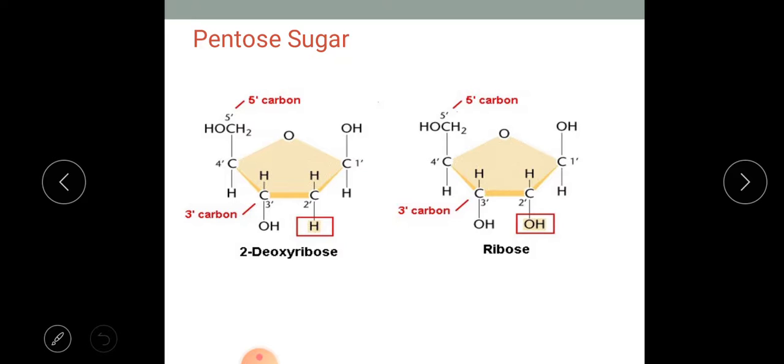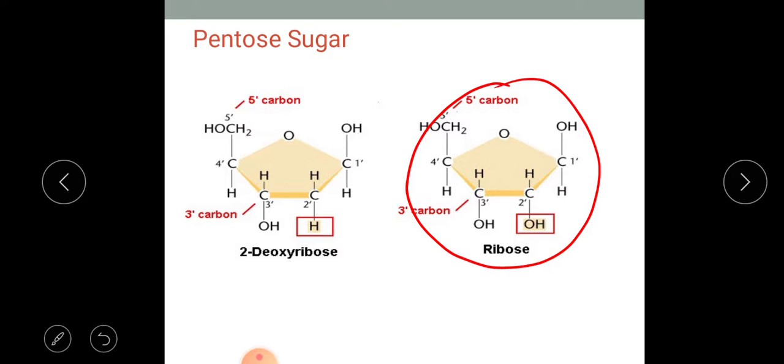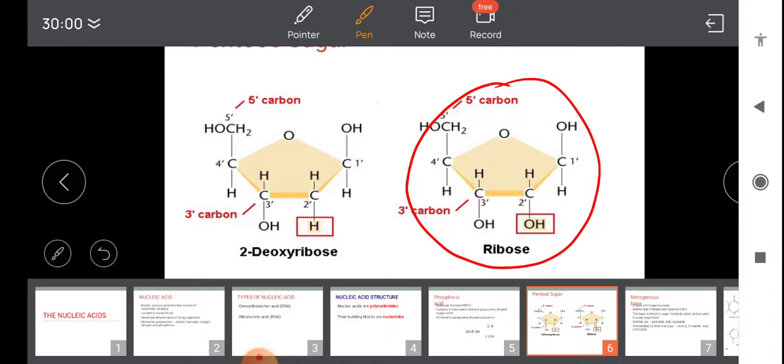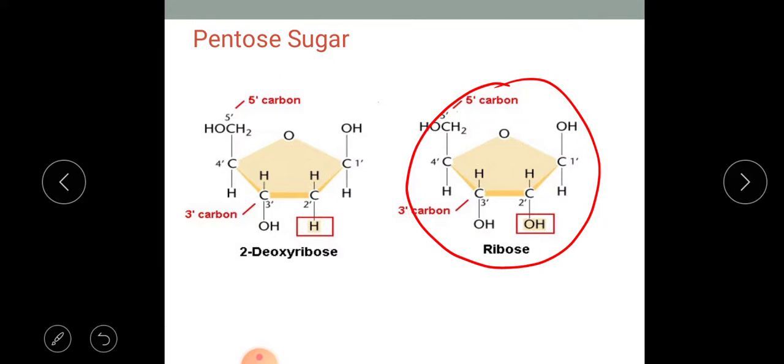So this is your ribose. Clear? Now, if you take the ribose, on the 2 dash carbon this oxygen is removed, and that one is called 2-deoxy. On the second carbon oxygen is removed, that is 2-deoxyribose.